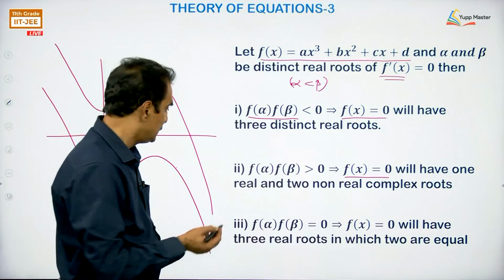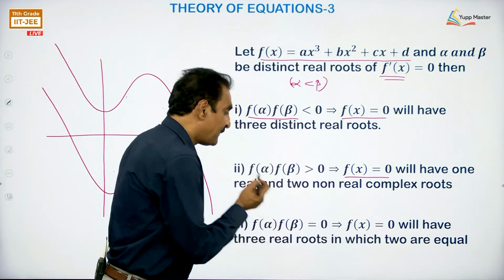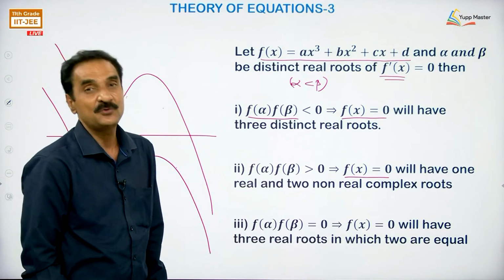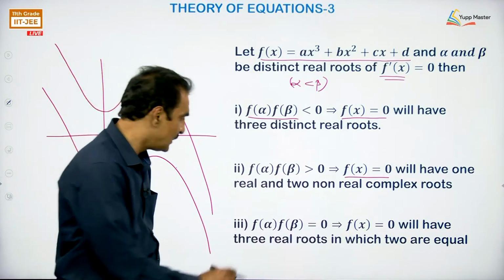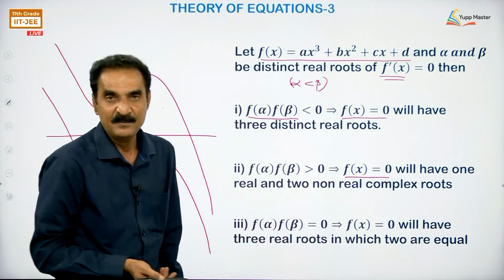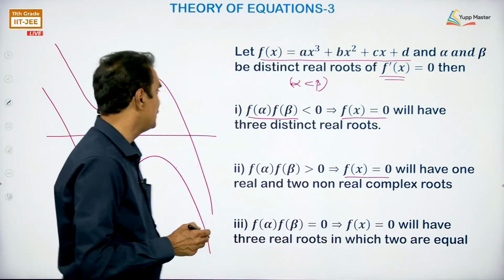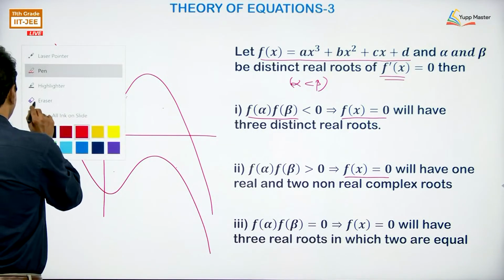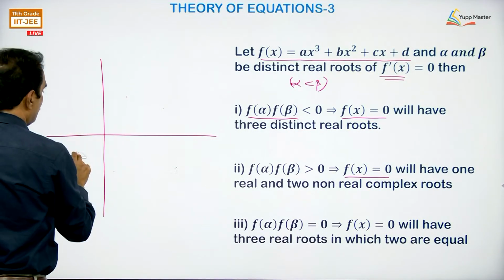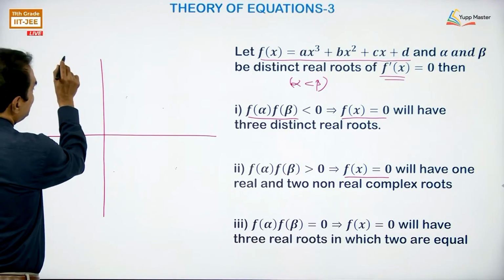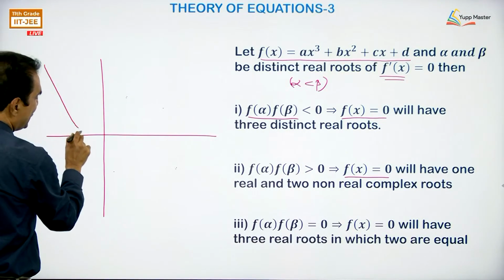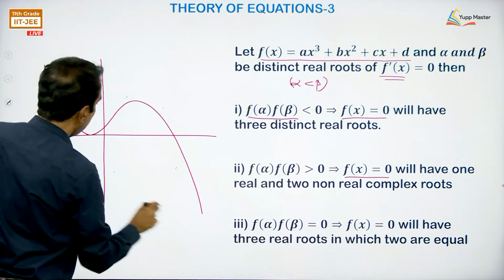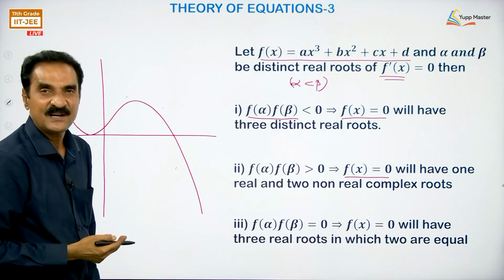Okay. Next, if f of alpha into f of beta is equal to 0, then one of them should be 0. Either the minimum value or the maximum value is 0. So the graph touches the x-axis like this. Suppose the minimum value is 0. In this case, what will you say?